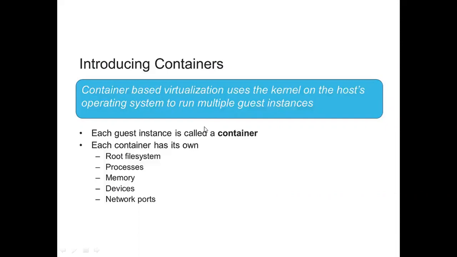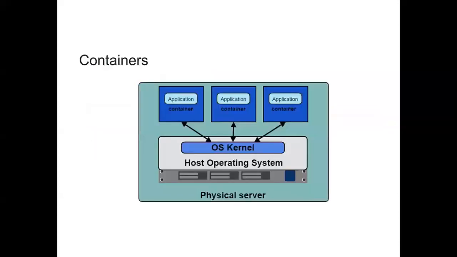Here, each guest instance, instead of VM, we started calling a container. Now this container will also have its own root file system, memory, processes, devices, network ports, like your VM, but you don't have an OS. The OS is the same OS which is deployed on the hardware machine, and it is shared by the containers.